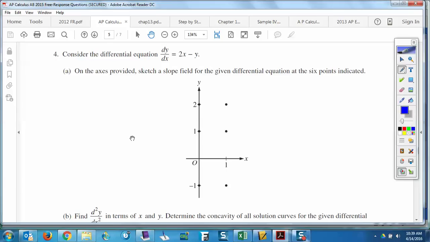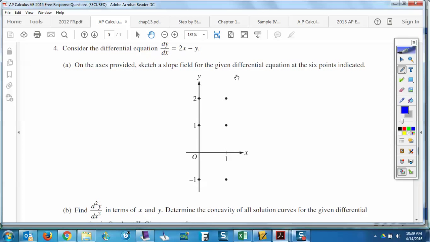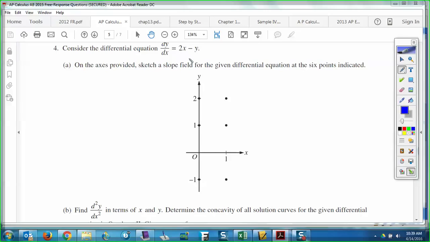We did part A, the slope field. Let's review that real quick because that was a long time ago. So slope field is just plotting of points. These are the slopes, y prime. If I put a 0 in for x and a 1 in for y, 0 minus 1 is -1. So right here there's going to be a slope of -1.